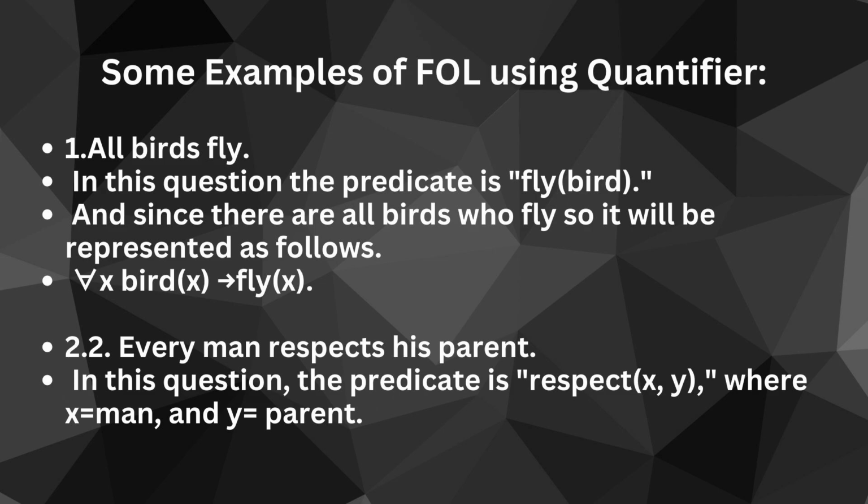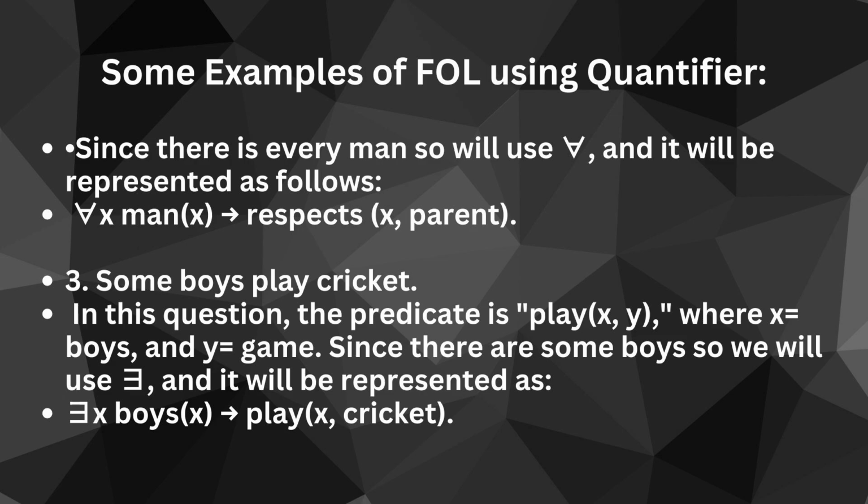Next example is "some boys play cricket." The predicate is play x comma y, where x represents boys and y represents games, and we want to express that there are some boys who play cricket.